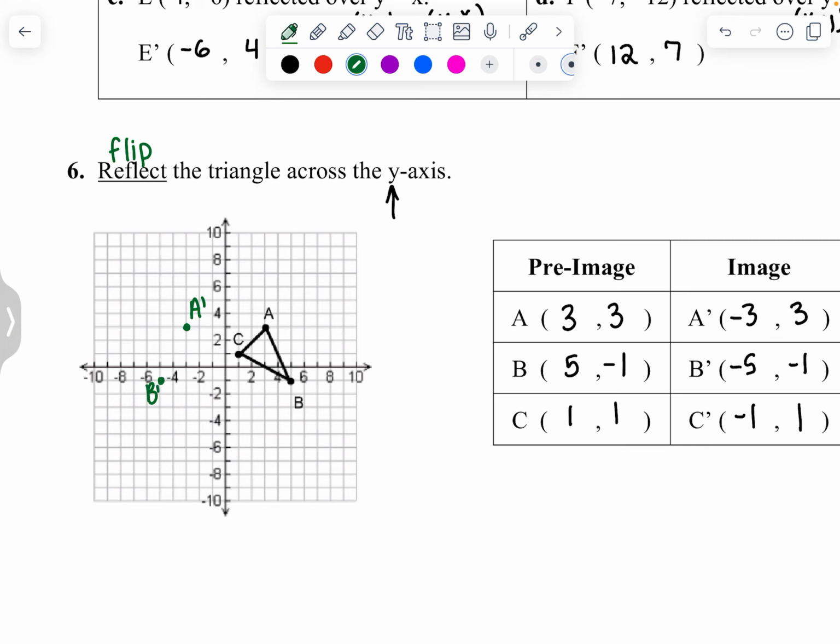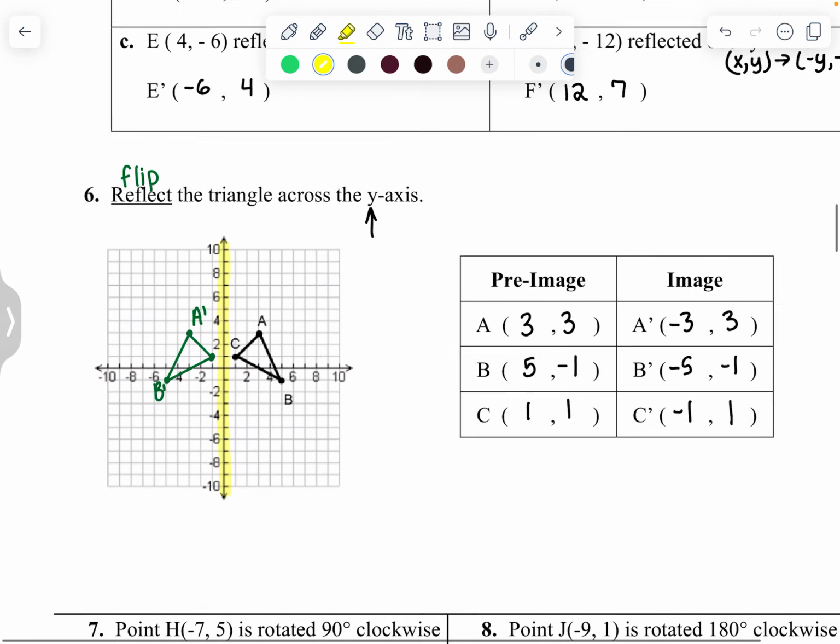And C prime is at (-1, 1). And so hopefully you can see how our triangle has flipped across our yellow line. Let's keep moving.